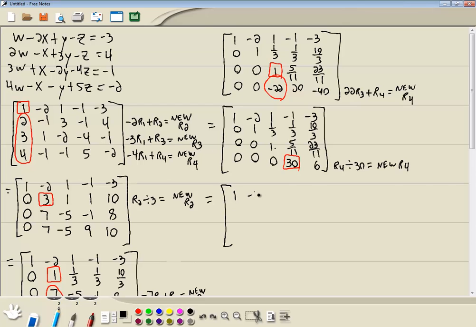Okay, so we got 1, -2, 1, -1, -3, 0, 1, 1/3, 1/3, 10/3, 0, 0, 1, 5/11ths, 23/11ths. 0 divided by 30 is 0, 0 divided by 30 is 0, 0 divided by 30 is 0, 30 divided by 30 is 1, 6 divided by 30 I think is 1/5, but let me see. 6 divided by 30, math and enter, 1/5.